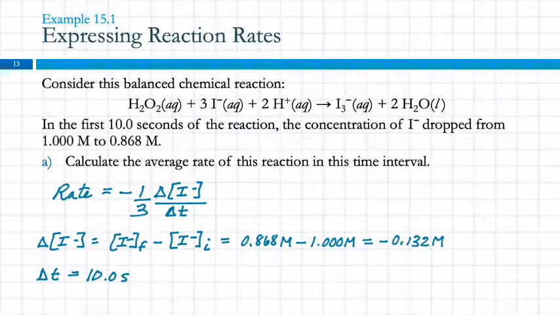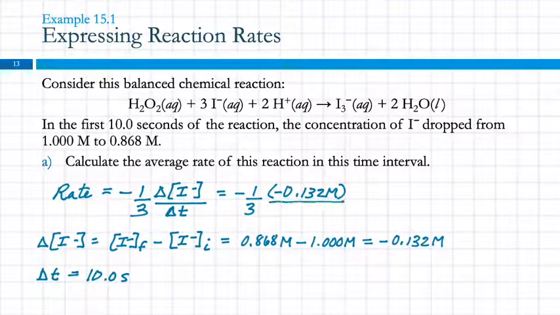So to calculate the rate, negative 1/3 times negative 0.132 molarity, moles per liter, divided by 10 seconds. And so I'm getting 0.0044.